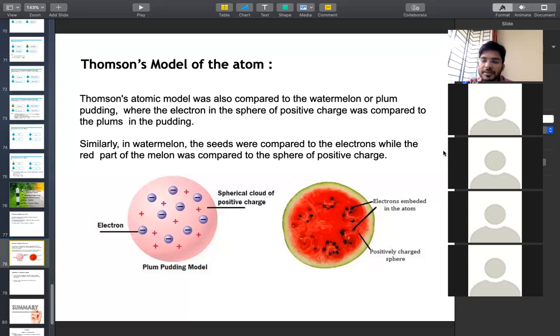Scattering experiment means there is one experiment, which we will see later, the Rutherford alpha scattering experiment. The Thomson model could not explain that part. This is one thing.